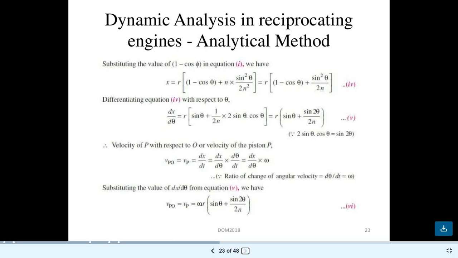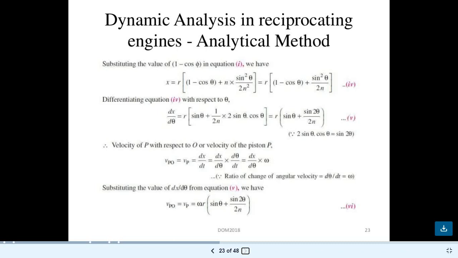We know that velocity is the change of displacement with respect to time, so we differentiate X with respect to time. But here the changing variable is theta, so we multiply and divide by d theta. The equation becomes dx by d theta into d theta by dt.